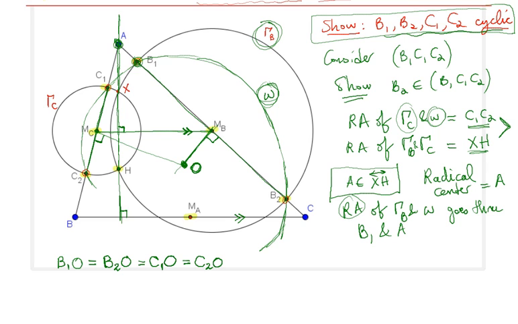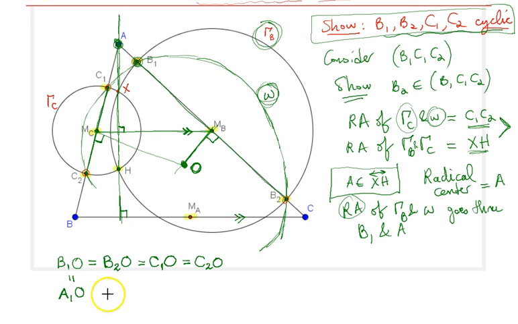Finally, I can make a similar analogous line of reasoning and show that points A1, A2, B1 and B2 are also concyclic. If these points are concyclic, it means that OB1 is also equal to OA1, and at the same time it is equal to OA2 as well.